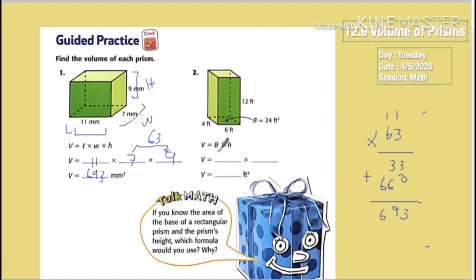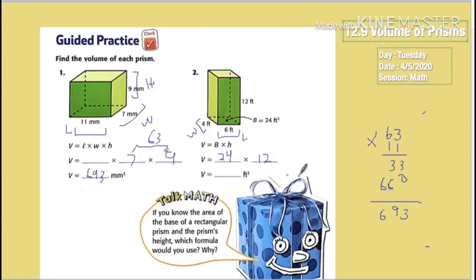So our base is our length, which is 6, and our width, which is 4. 4 times 6 is 24 feet squared. You can see that is squared because we use 2 dimensions. But if we use 3 dimensions, we do it cubed, or to the 3rd power. So our base is 24 times our height, which is 12.